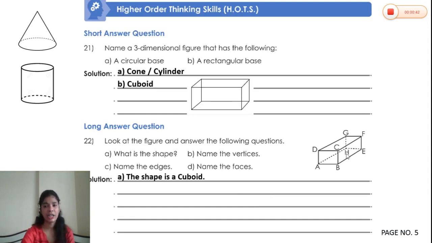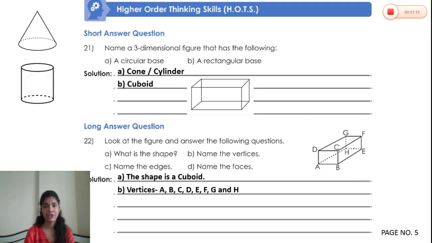Okay, in this shape the corner points are the vertices. So let us see the vertices. Point A, point B, point C, point D, point E, point F, point G, and point H. So these are the vertices of the given shape.